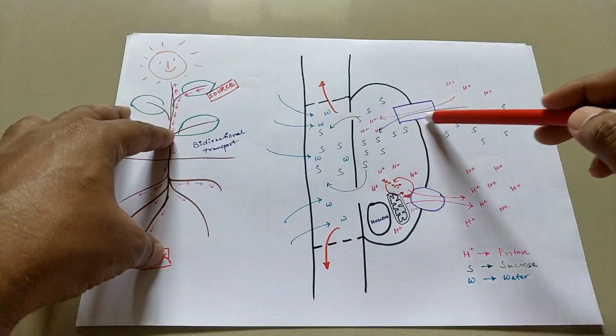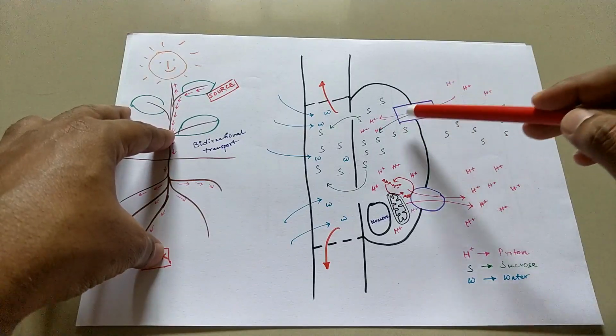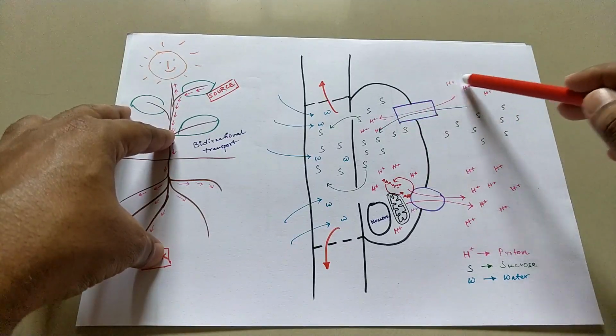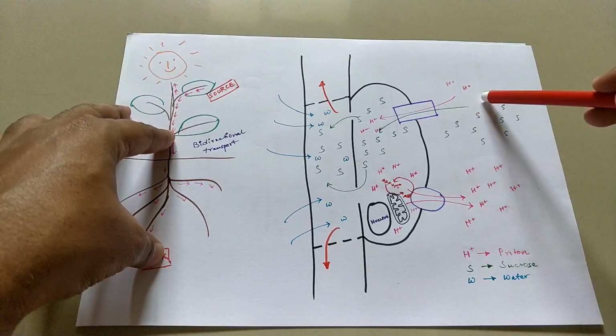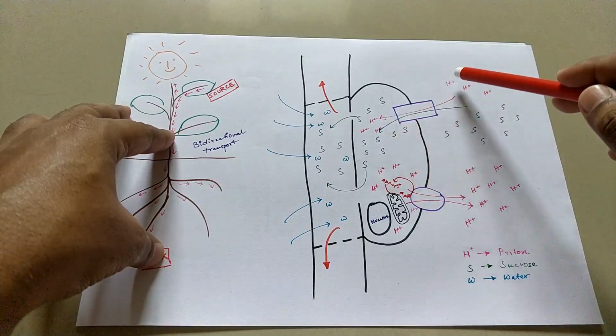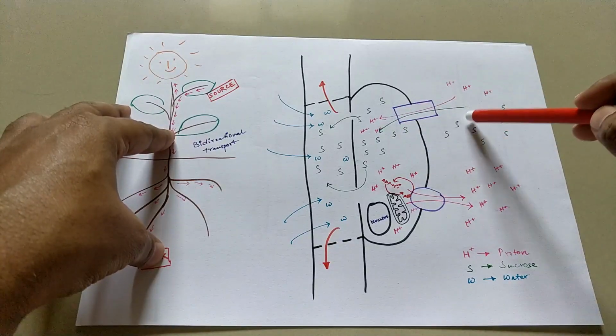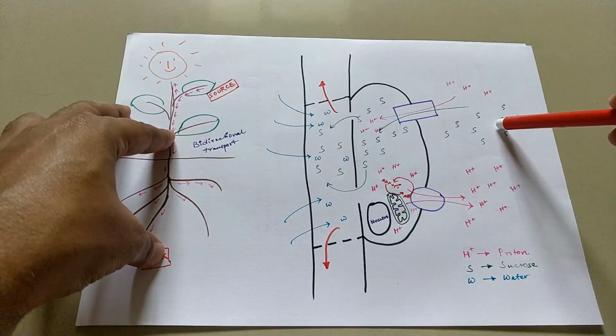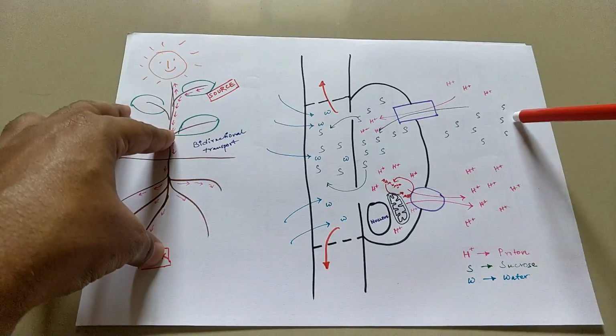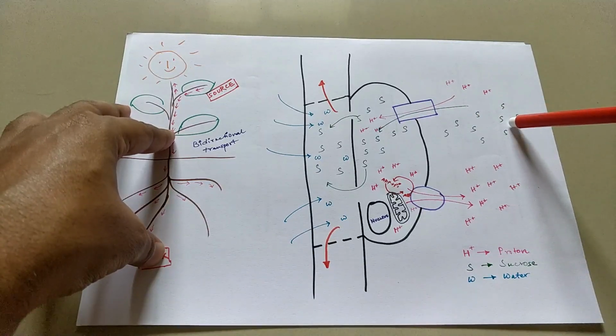Now with the help of this co-transporter, whatever protons were sent out earlier with the help of active transport will be brought back, and at the same time whatever sucrose has been made, like I already told you, that sucrose has been prepared from the glucose, right?